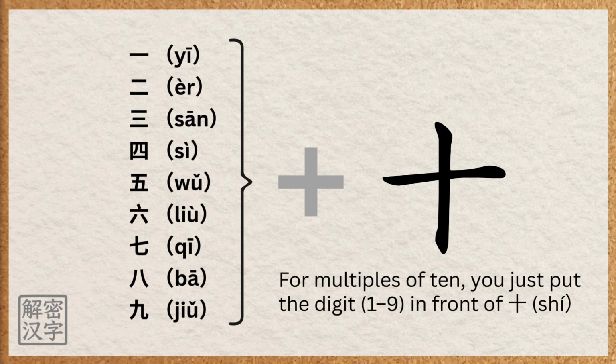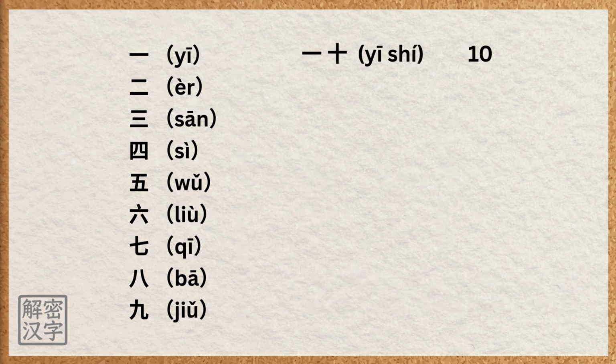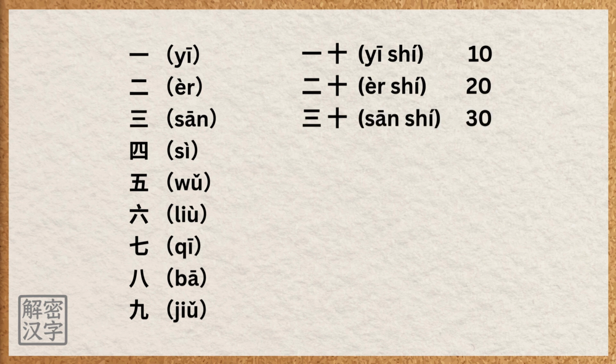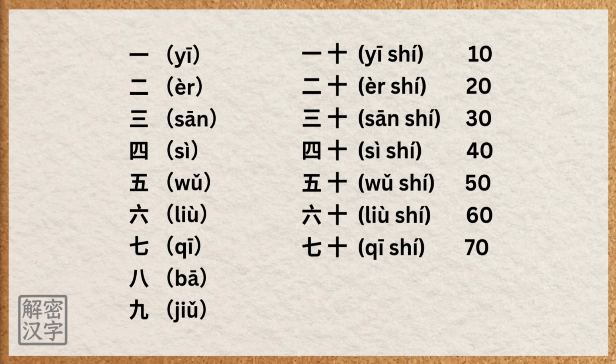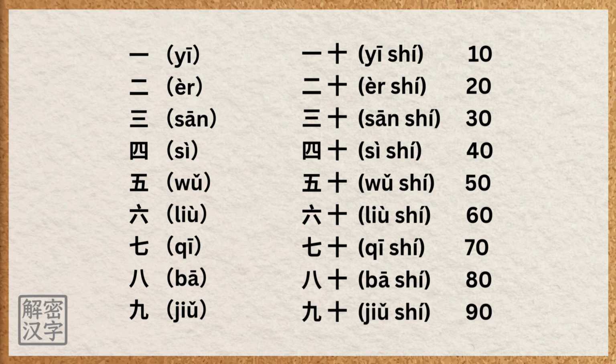For multiples of 10, you just put the digit 1 through 9 in front of 十. 10 is 一十, 20 is 二十, 30 is 三十, 40 is 四十, 50 is 五十, 60 is 六十, 70 is 七十, 80 is 八十, 90 is 九十.